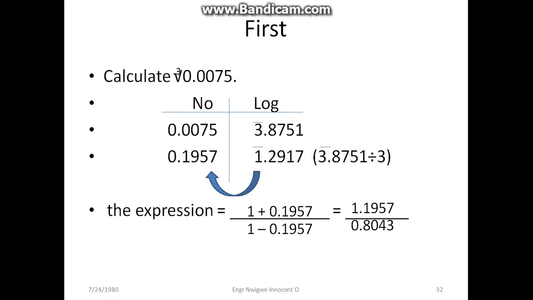Since in the standard form it is 75 times 10 raised to the power minus 3, then we have bar 3.8751. So we divide bar 3.8751 by 3.